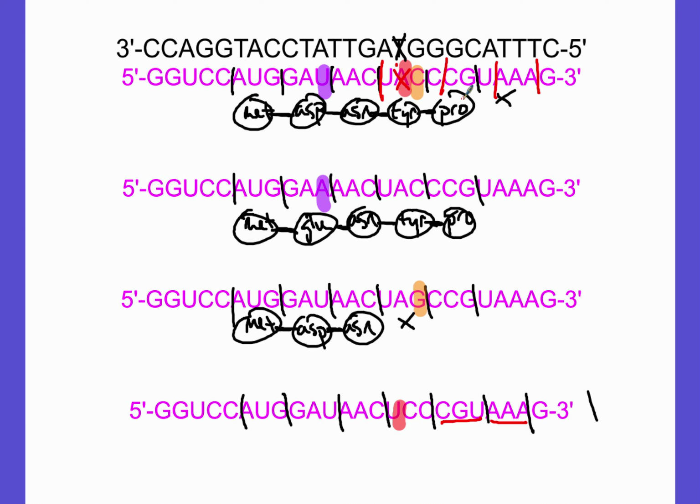So when I say frame shift, what I mean is instead of reading this black frame here where it was CCG, I'm reading this red frame here where it's CGU. And what happened is I skipped over my stop, and who knows how long I'm going to go on this one before I find a stop codon.